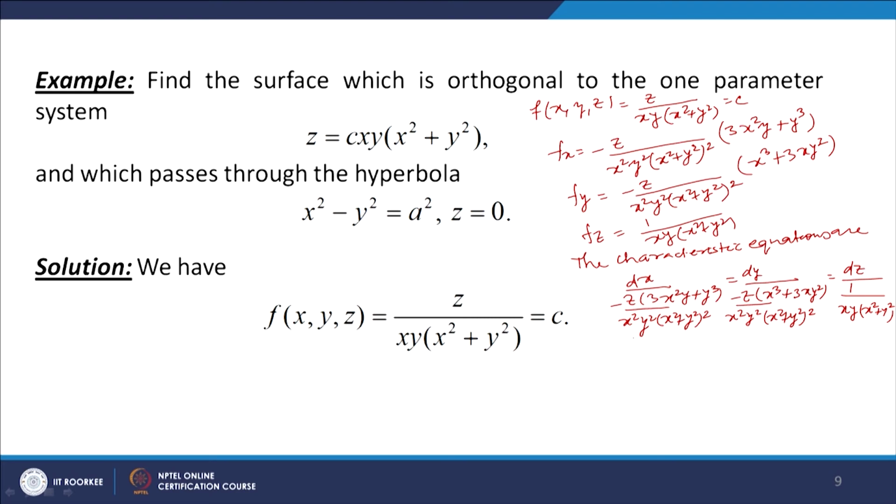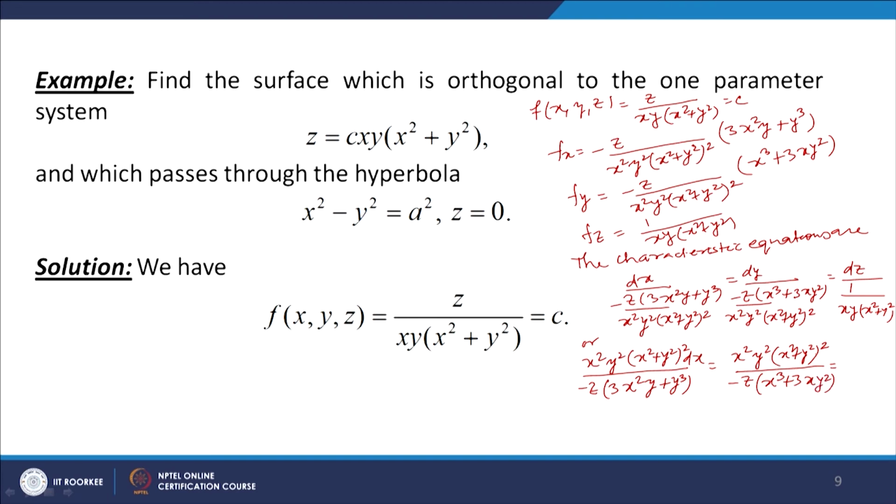So what we will do is I can write it as x square y square (x square plus y square) whole square divided by minus z times 3x square y plus y cube, dx, and then x square y square (x square plus y square) whole square divided by minus z times x cube plus 3xy square.